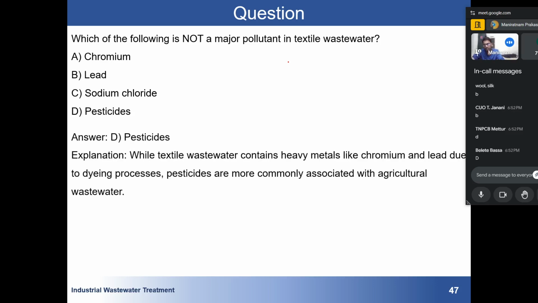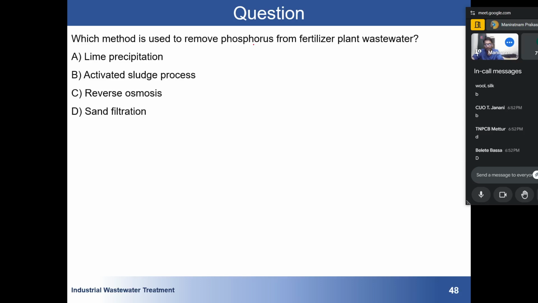Yes, pesticide is the correct answer. These might be contained: a high amount of sodium, a high amount of chloride, sodium chloride, a high amount of lead will be there. But pesticide is an entirely different thing. Pesticides are commonly associated with agricultural wastewater. We have seen agricultural runoff and all this. That will contain a high amount of pesticide. Okay, so the correct answer is D.